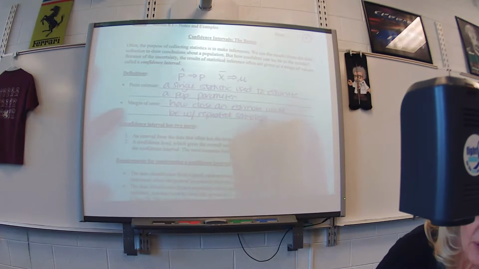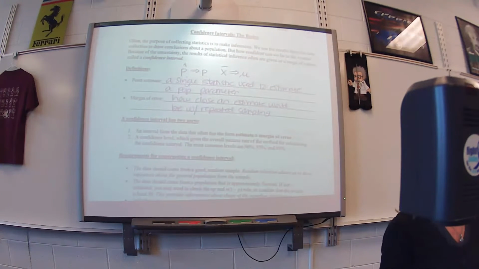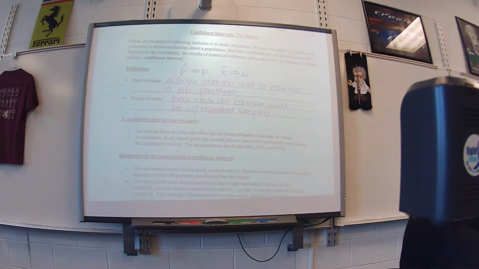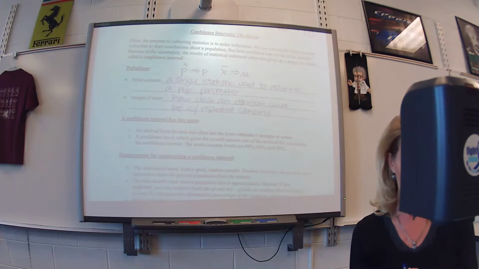Now, in the real world of statistics, you don't necessarily do repeated sampling. You'd maybe do one sample of a whole bunch of batteries. Okay, but the way a confidence interval is set up is we are saying that with repeated sampling, for example, the 95%, we would expect that 95% of the time, our confidence intervals will contain the true population parameter, okay?